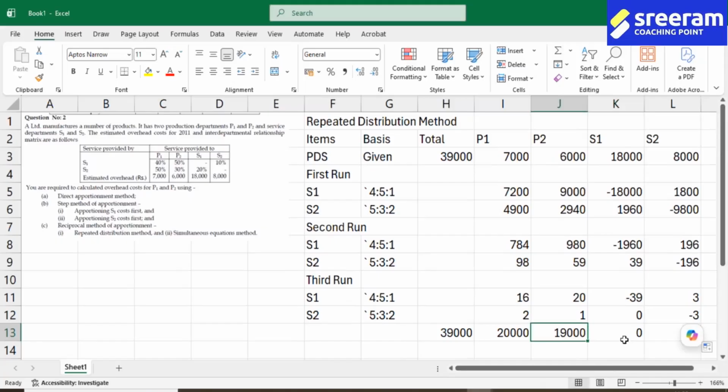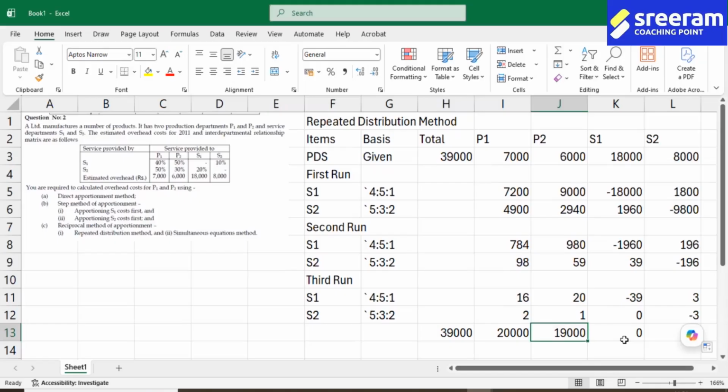What is that name through which you call this one? Repeated distribution method. So how many runs that you're going to make will be dependent on the size of the number that you take up for computation. So don't ever get the impression that you should always run for 3 runs. It could even be 4, or it could even be restricted to 2. Repeated distribution method is over.